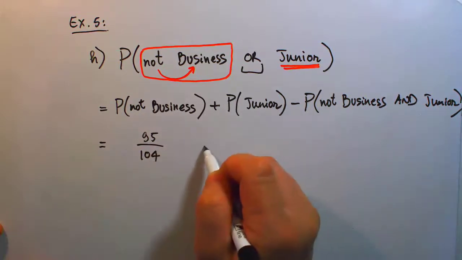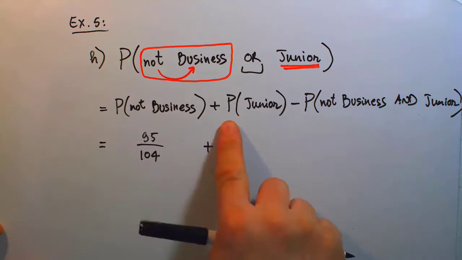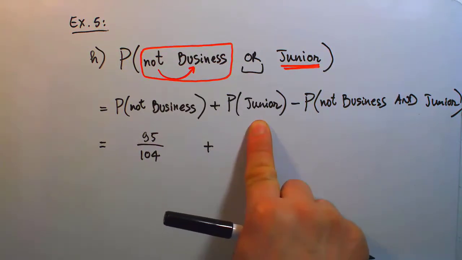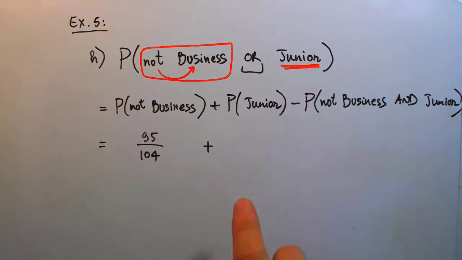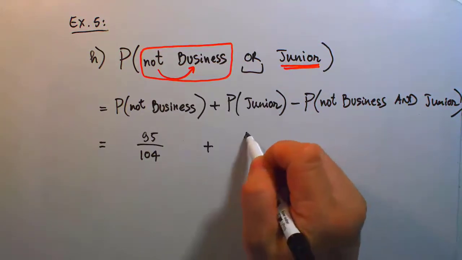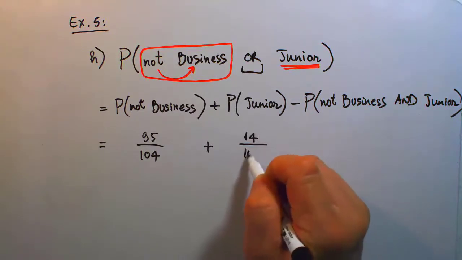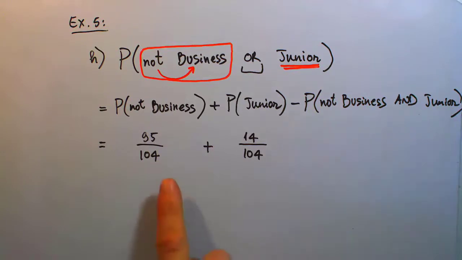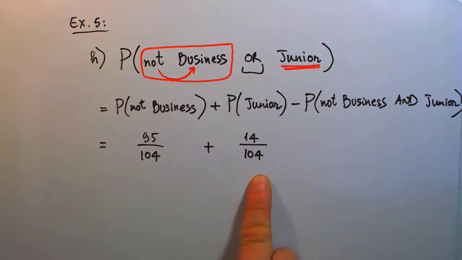The probability for junior, the row total, gives me 14, simply that, out of 104. And like I said, and you have seen it quite a few times now, my style in a lot of these middle steps is that I'm not going to reduce the fraction until the very end.